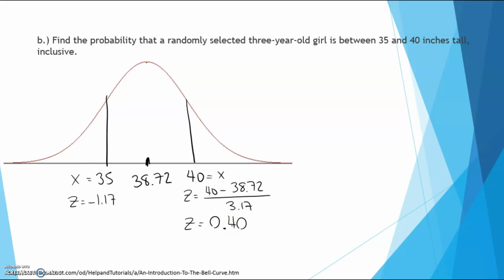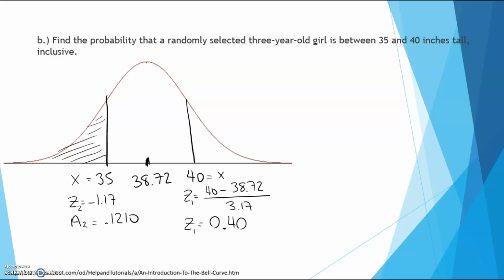Okay. So all of this right here, we already found that the area for this first, we'll call it Z2 and area 2. We'll call this Z1. We said it had an area of 0.1210.